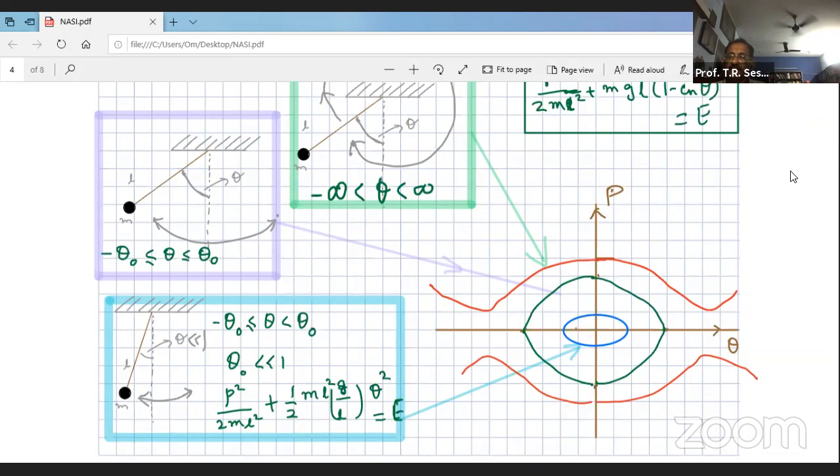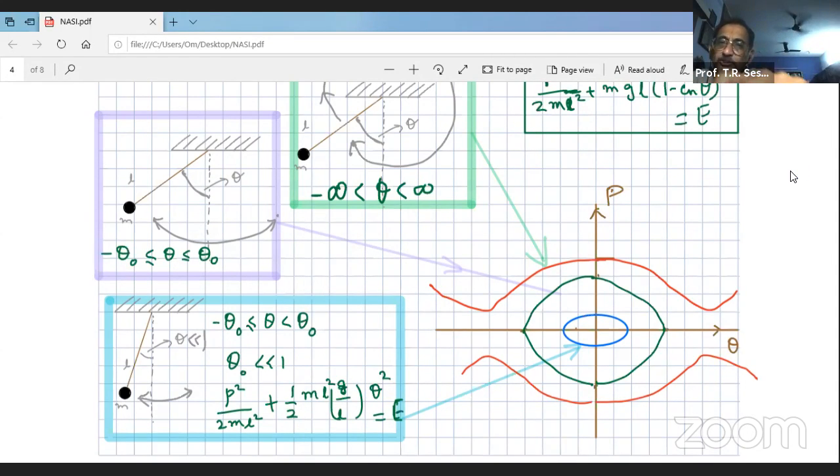That is why on that red curve, when I go to the right of the p-axis, the red curve starts going down. The momentum starts decreasing. Now, as theta keeps increasing, the height keeps increasing till theta reaches the value of pi.